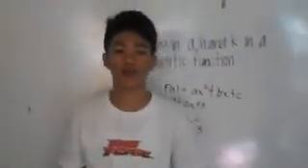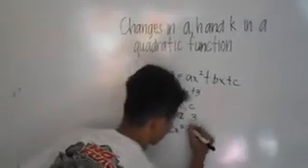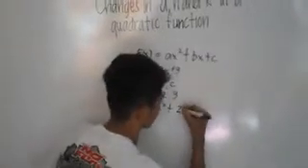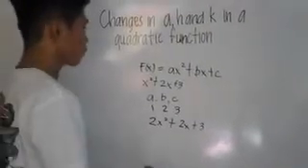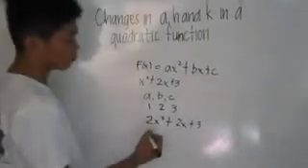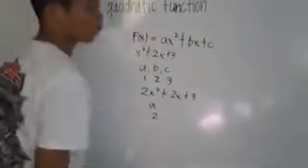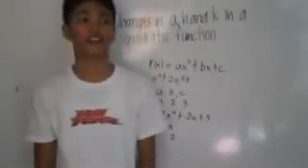I gave 2x squared plus 2x plus 3. Your a will become 2. To know when to change the a, it is always with the highest degree.